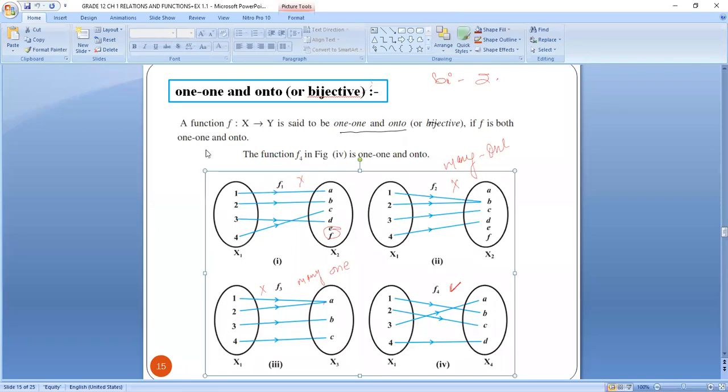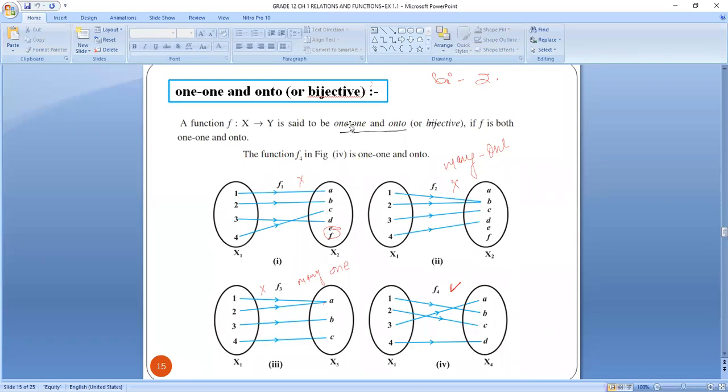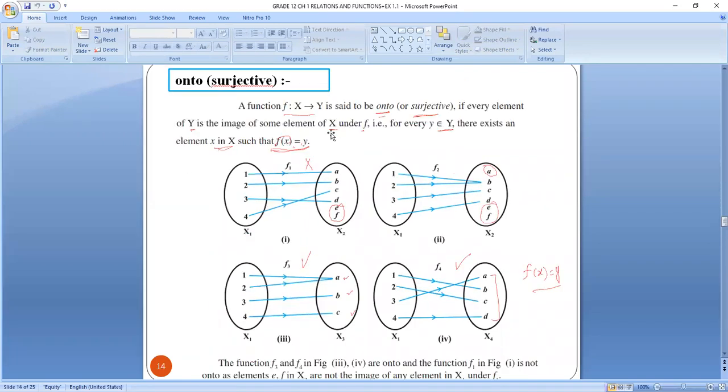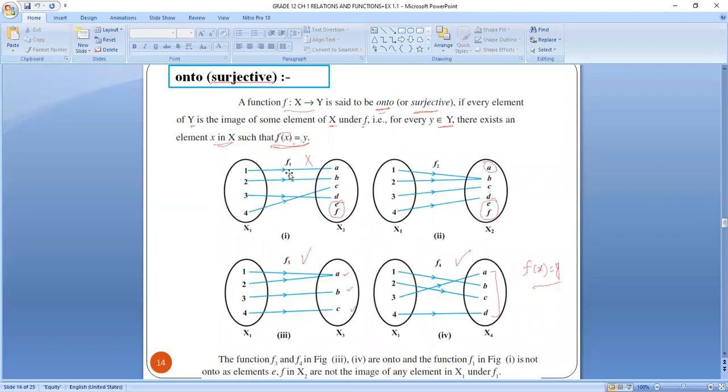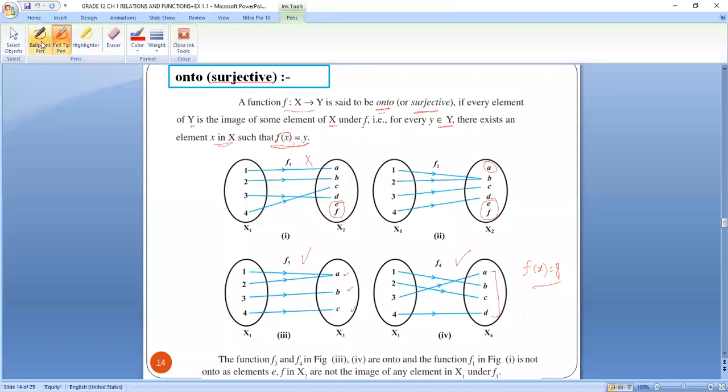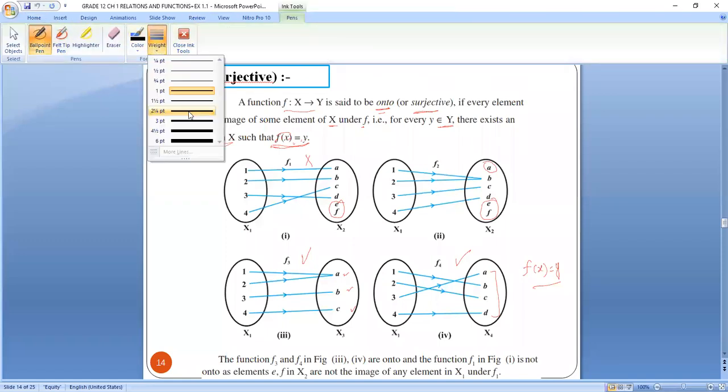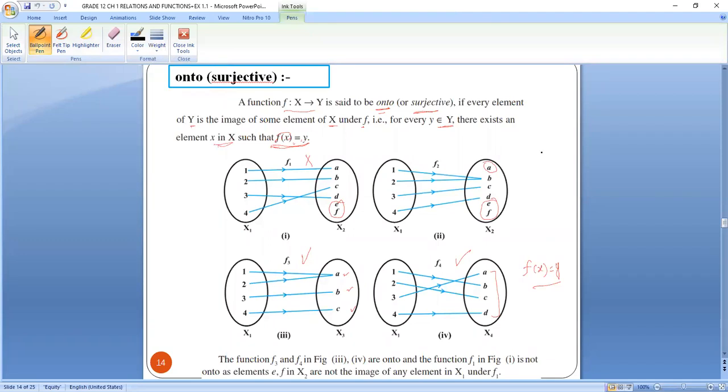One more thing we discussed: if the function is not one-one, then we say that the function is many-one. And if the function is not onto, which we have not discussed, we say that the function is into. Not onto, then into. The spelling is I-N-T-O.